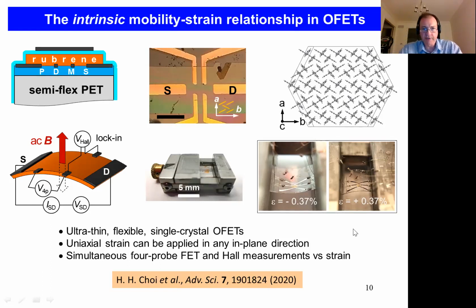So essentially what we're doing in these measurements is simultaneous Hall and FET measurements as a function of calibrated mechanical strain applied either along the transport direction, the high mobility direction, or perpendicular to it.